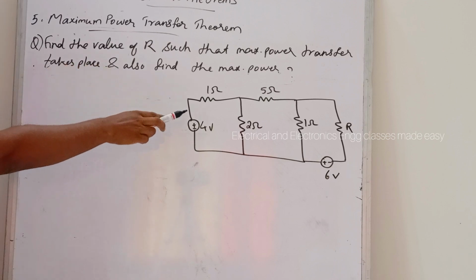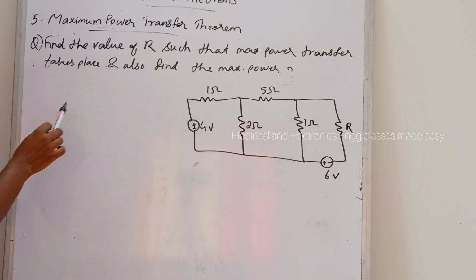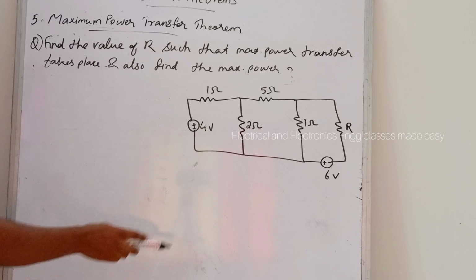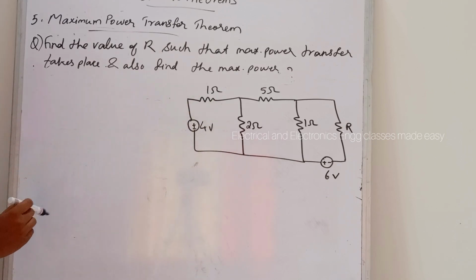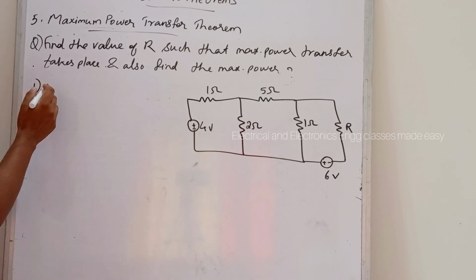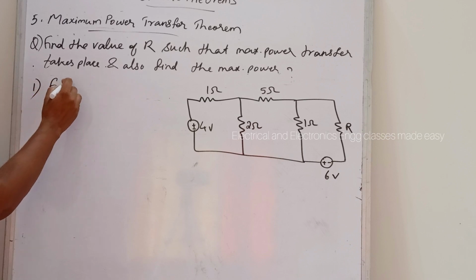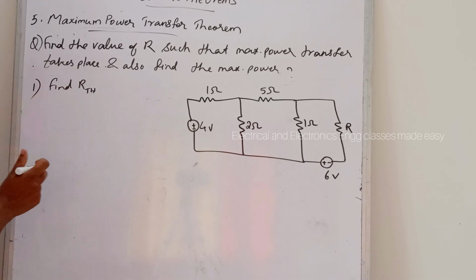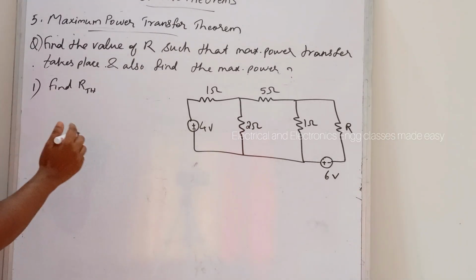Find the value of R such that maximum power transfer takes place, and also find the maximum power. So we have to find the value of R. So by applying the maximum power transfer theorem, our first step is to find RTH. So to find RTH, we have to deactivate the sources.